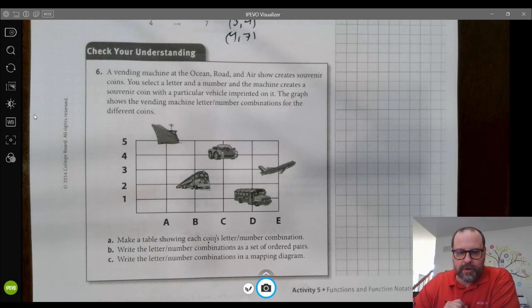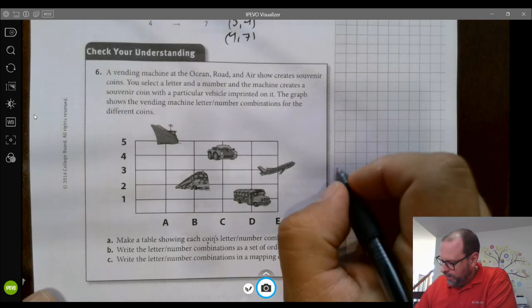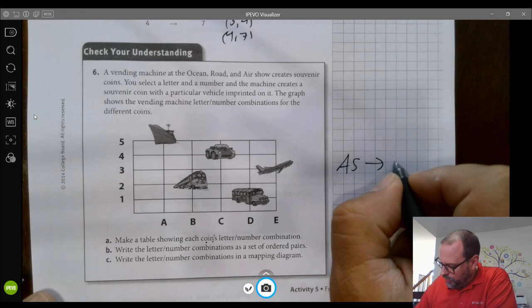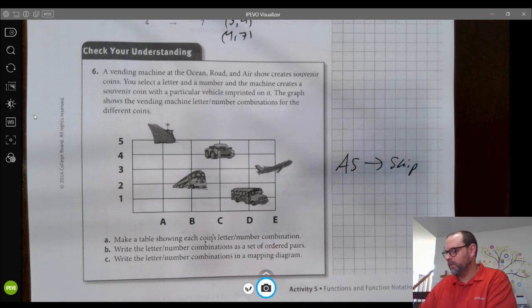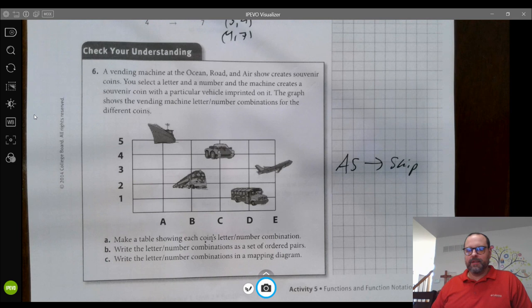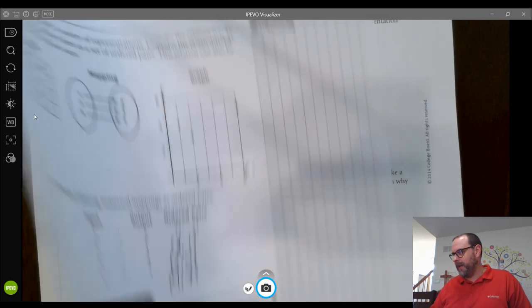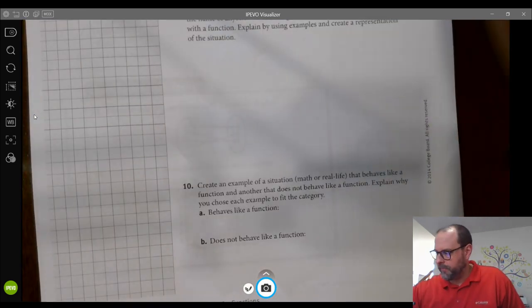Write them as an ordered pair, you know, A5, comma, ship. Okay, make a mapping diagram. A5, mappings, you just draw an arrow. Ship. Okay, so it's just getting you to say, okay, do I see what these are? Can I make a table? Can I write them with a comma as an ordered pair in parentheses? And can I make a mapping with them?